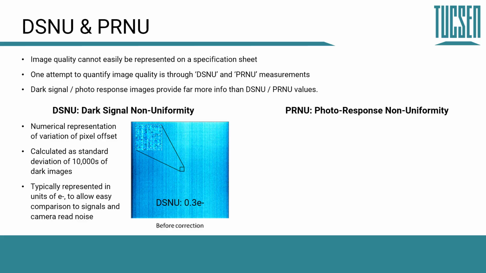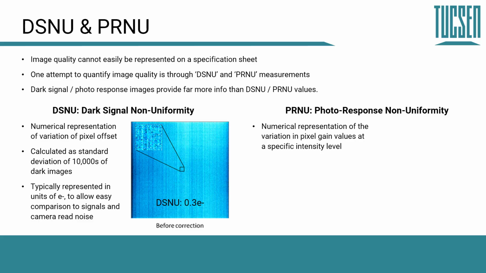PRNU is similar to DSNU in that it's a numerical representation of variation, but this time it's of the gain values of pixels, which can be slightly different for CMOS cameras from pixel to pixel. But it's only a representation at one specific intensity level, which is one of the limitations of PRNU as a measurement. The variation of gain across different intensity levels is called non-linearity.